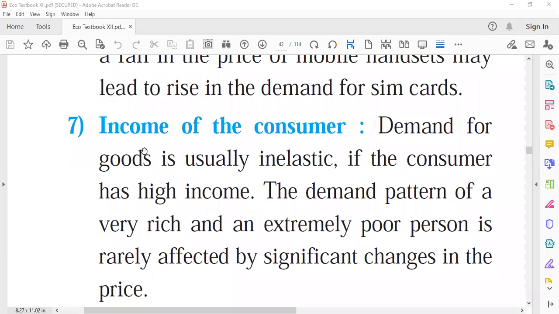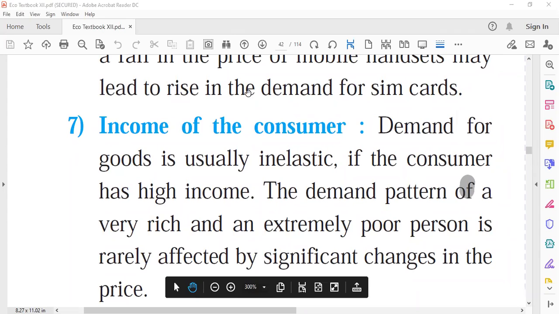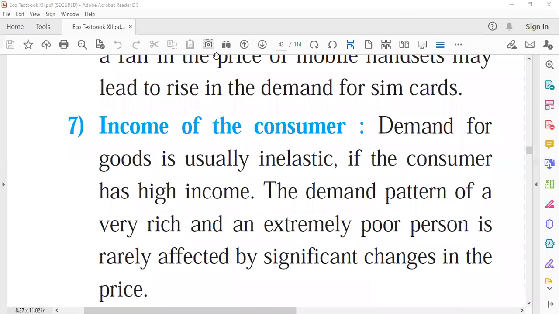But in the case of poor people, they are getting affected with the change in the prices. If the price rises, then they will reduce the consumption.